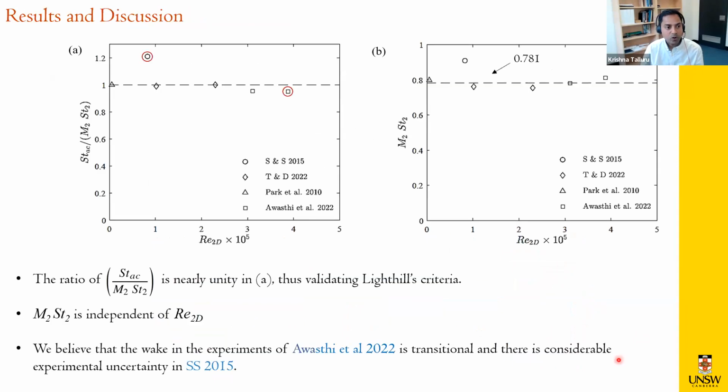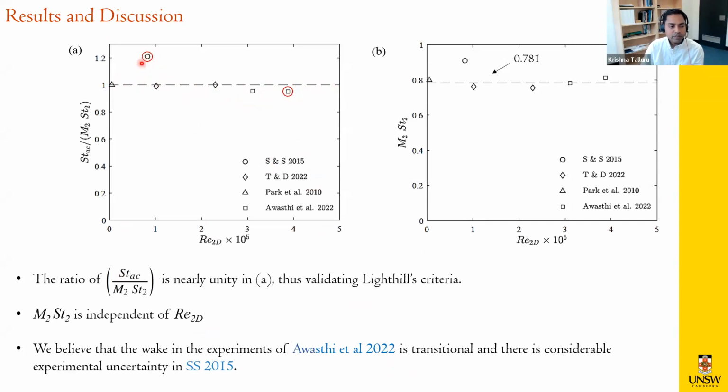And I also plotted them in a graphical way here. The y-axis is the ratio of the acoustic Strouhal number divided by the Mach number times Strouhal number, and the x-axis is the post-shock Reynolds number. We see pretty much most of the experimental data are very close to 1, except for the Schmidt and Shepard case, as well as the Avasti 2022 case.